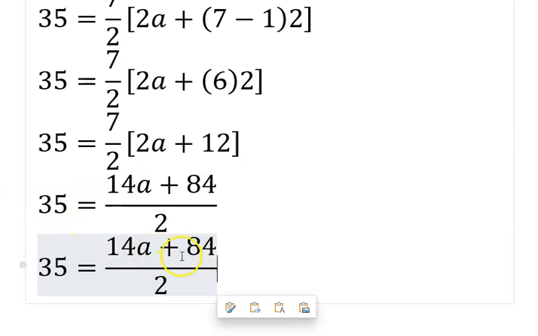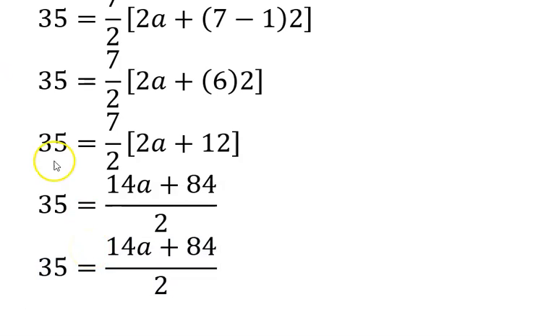Beautiful. So with this, let's cross multiply such that this one will multiply this and this one will multiply this, because we have an invisible 1 here.